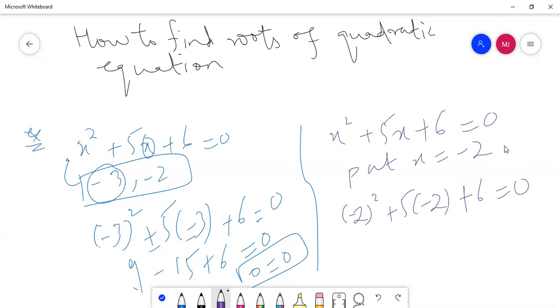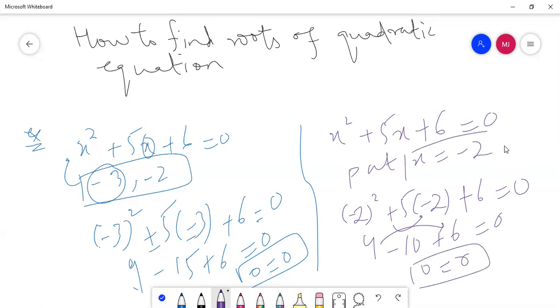Minus raised to power even number will give me plus, 2 square is 4. Plus into minus, minus 5 2s are 10, plus 6 is equal to 0. 4 plus 6 is 10, 10 minus 10 is 0, so 0 is equal to 0. So again x is equal to -2 is also satisfying my equation. So it is also a root of the equation x square plus 5x plus 6 is equal to 0.